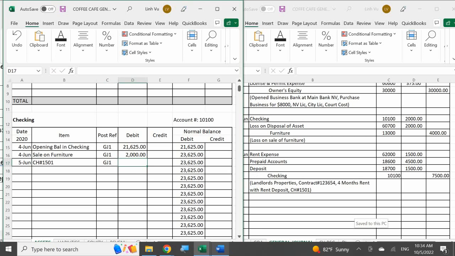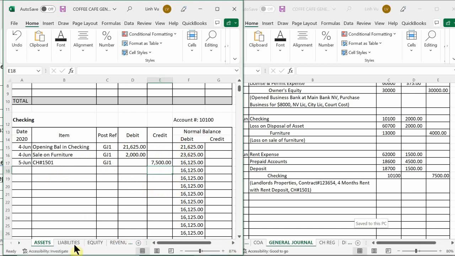And this time, did I debit or did I credit my checking account? Did I increase or decrease my money? Decrease. You decreased with 7,500 with a credit.